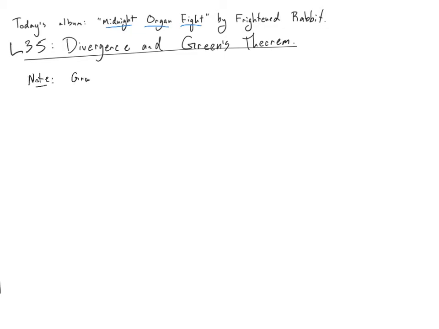So Green's theorem, the divergence form, is not the same as the divergence theorem. And we'll discuss that next week. But just to clarify, we haven't done the divergence theorem yet. We're going to talk about it next week.